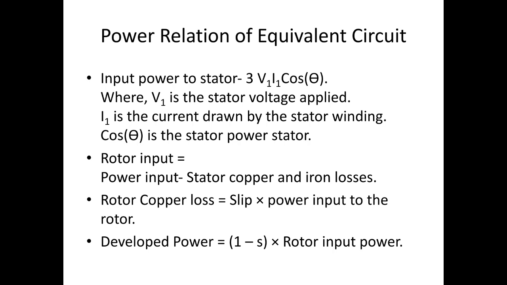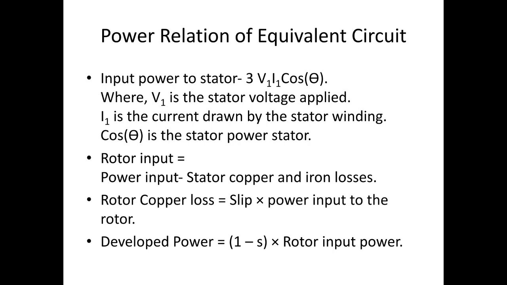Then the rotor copper loss depends on the slip, because my synchronous speed is not the same as my rotor speed. There is a difference between the two, so a slip is produced. The rotor copper loss has to take the slip into account, and the power input to the rotor, how much power I give to the rotor, should also be taken into account.